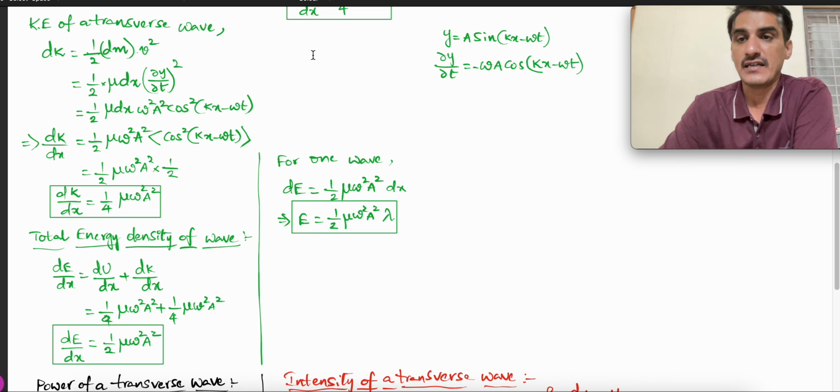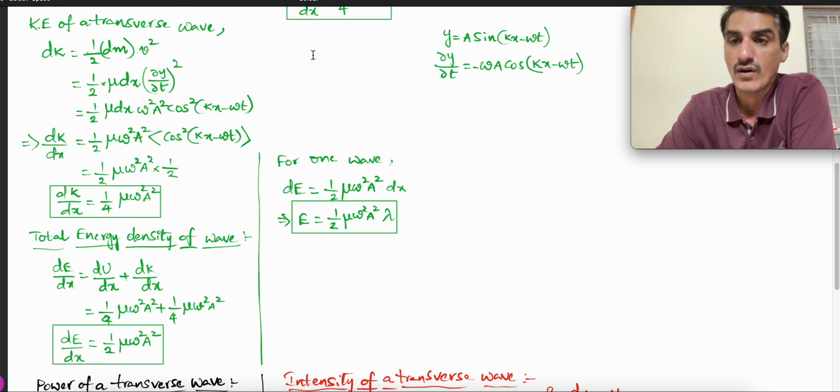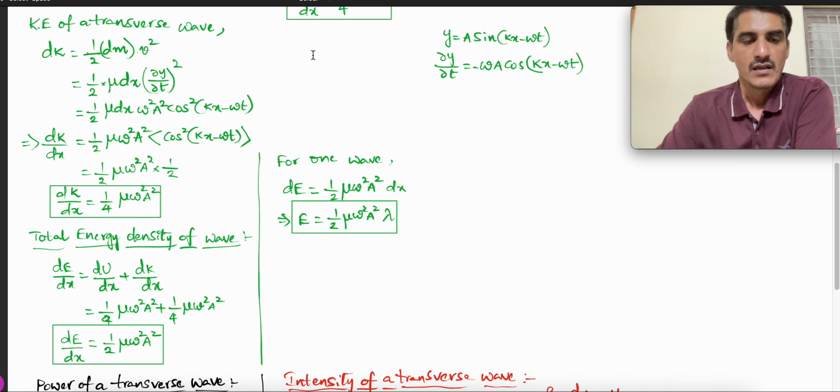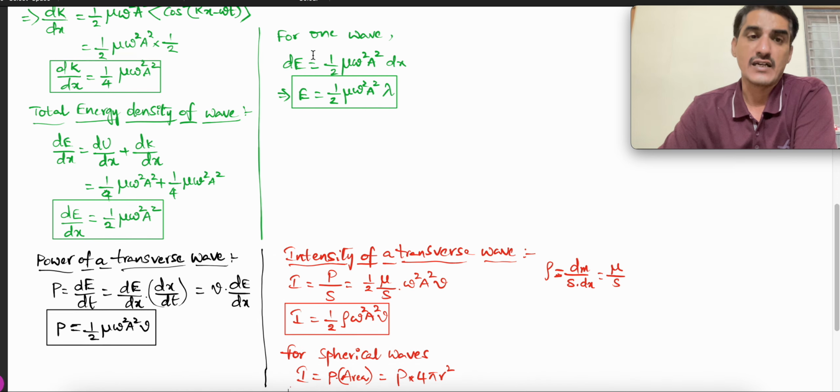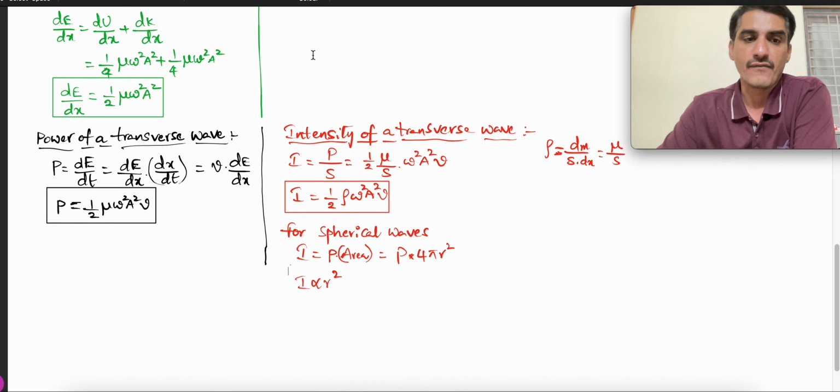Finally we understood that both kinetic energy density and potential energy density are equal as long as the wave is propagating in the string. Hence the total energy of the wave is half mu omega square a square, the power of a transverse wave is half mu omega square a square v, and the intensity of a transverse wave is half rho omega square a square v.